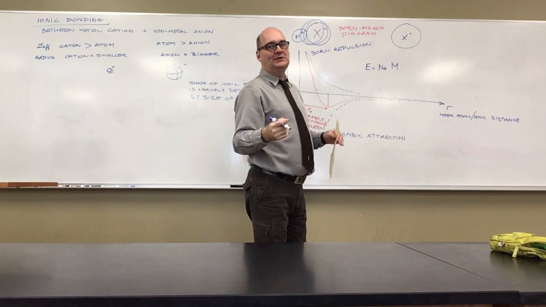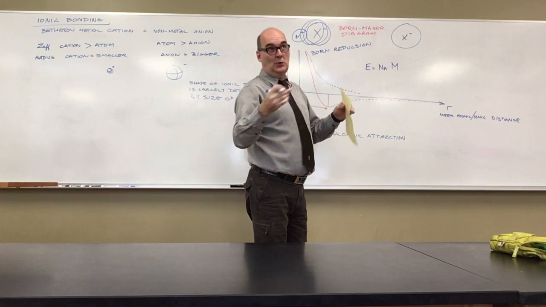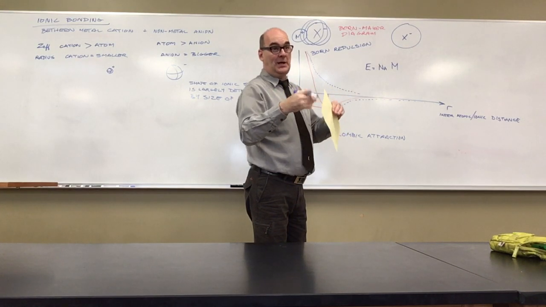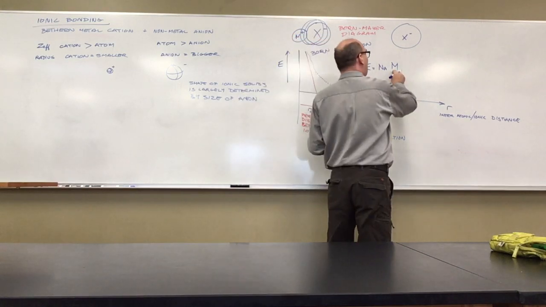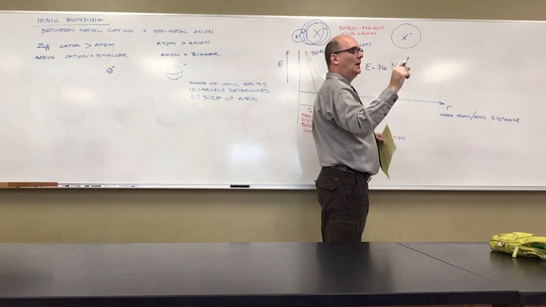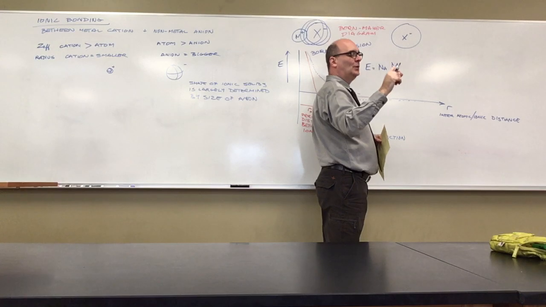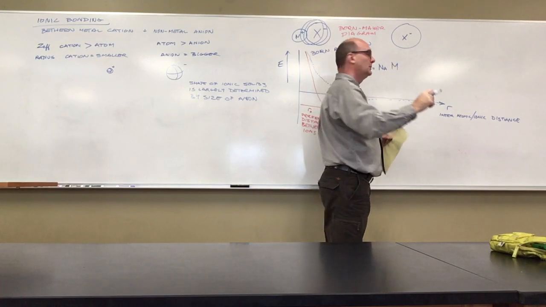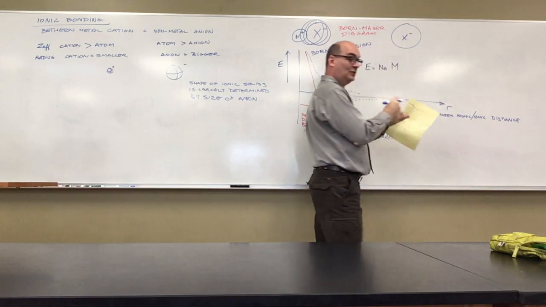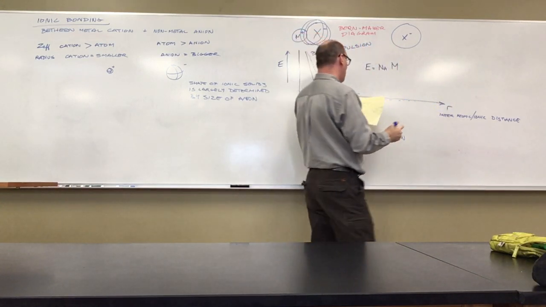It's the energy released when two ions in the gas phase combine to make a perfect crystal in the solid phase. And the Madelung constant tells me how much any individual ion is attracted to another ion. It's a measure of attraction. So that's the force that you have to rip them apart with.